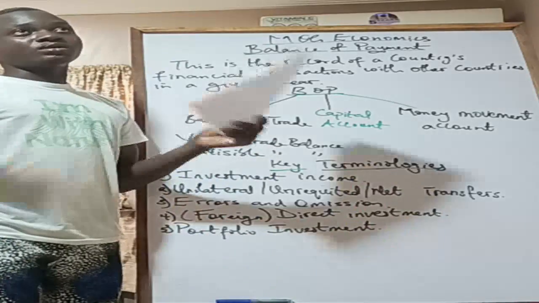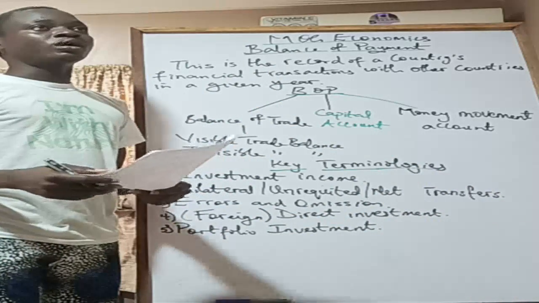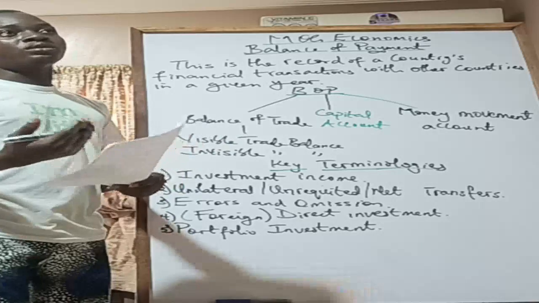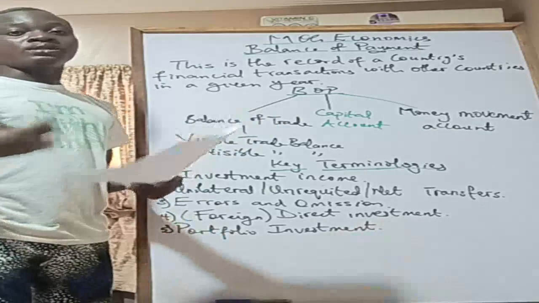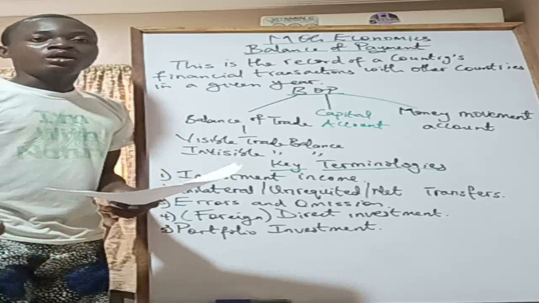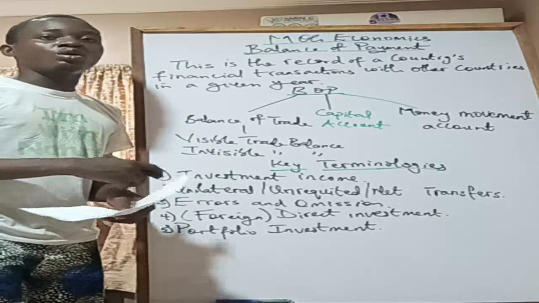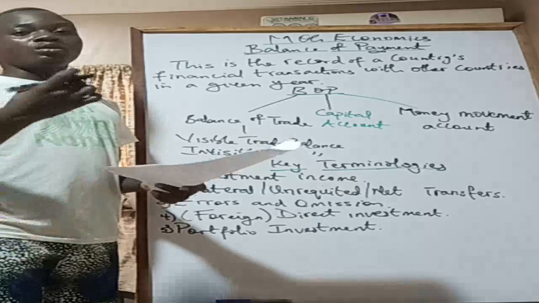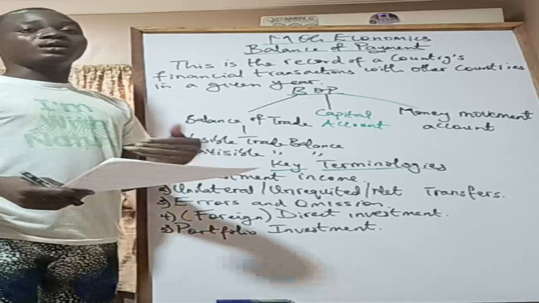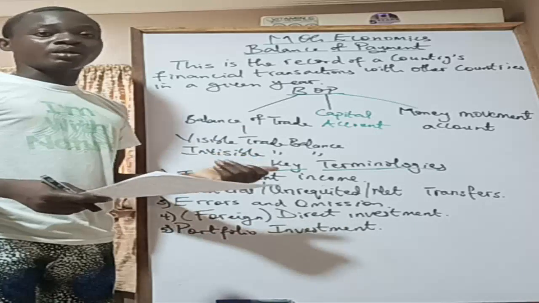So the current account generally refers to the record of the financial transactions on goods and services between a country and other countries in a given year. The formula to calculate your balance of trade is exports minus imports.